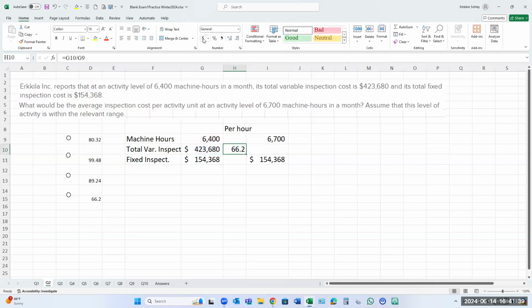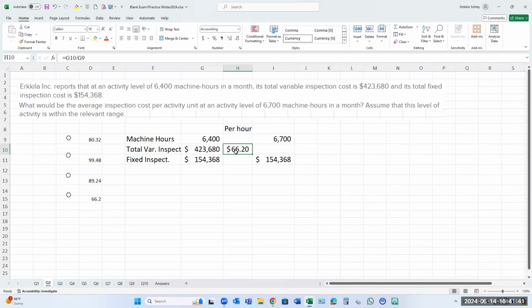So I have $56.20 per hour variable cost. So my total variable cost at 6,700 hours would be the hours times the variable cost per hour.